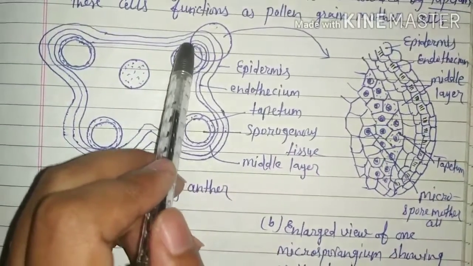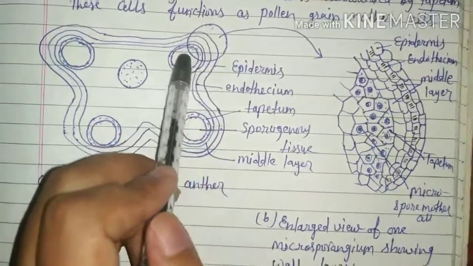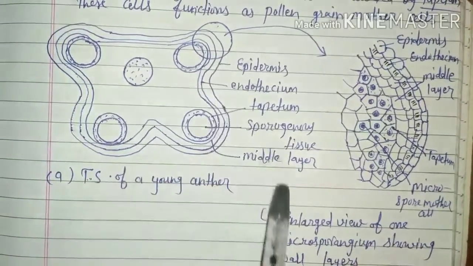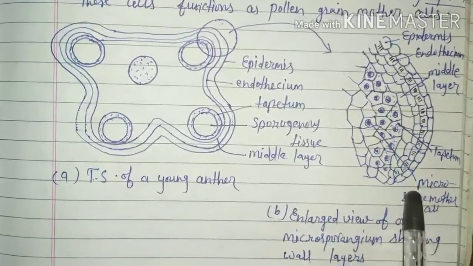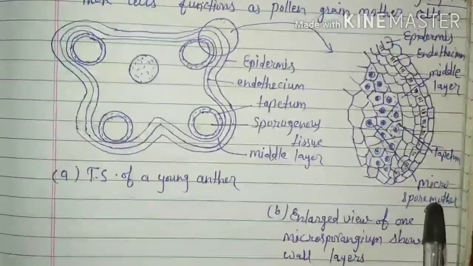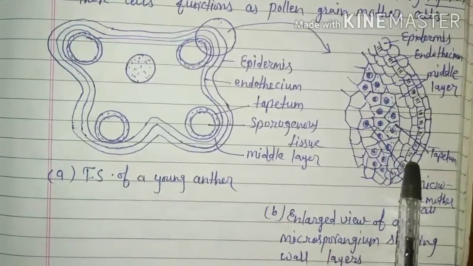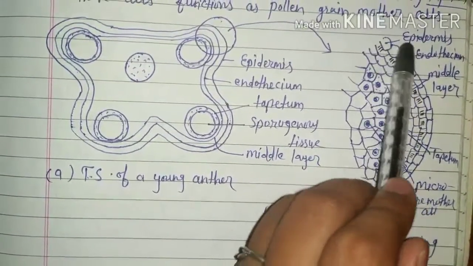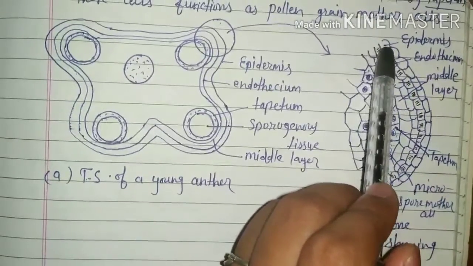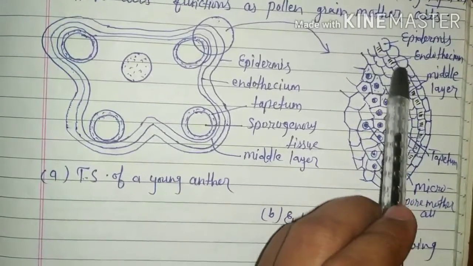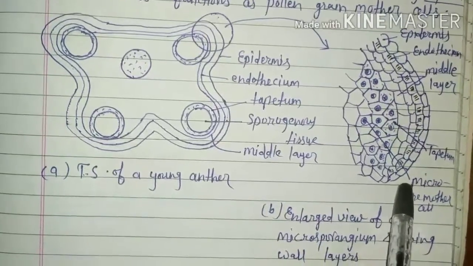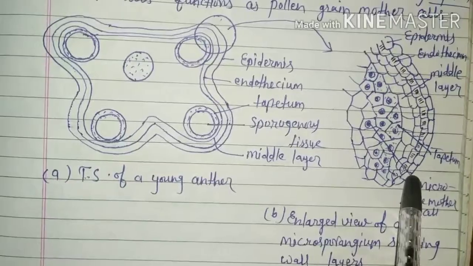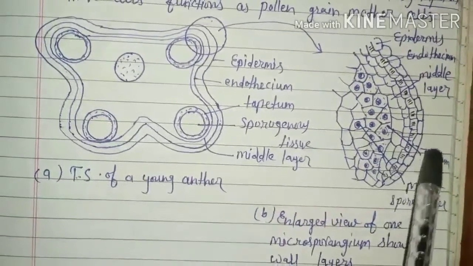When we cut the section of microsporangium wall, then this is an enlarged view of one microsporangium showing wall layers. Outermost layer epidermis is a single layer and it provides only protection because it is a common layer formed by parenchyma cells.